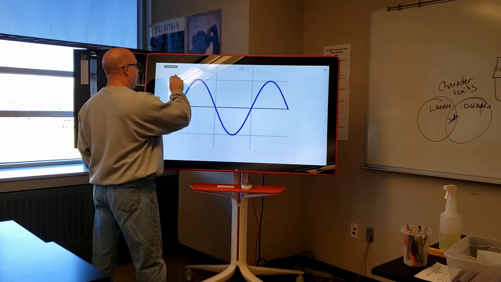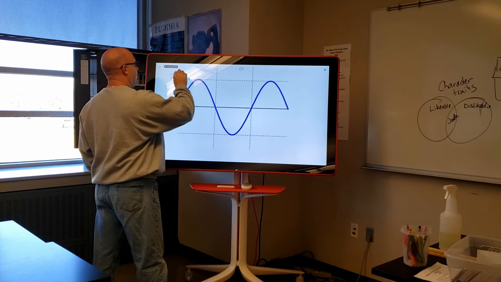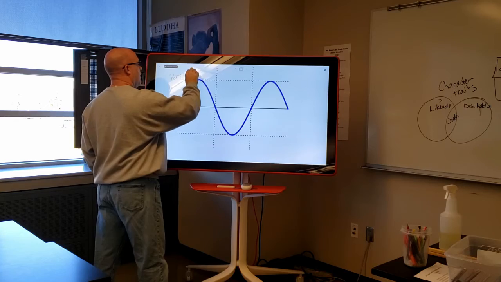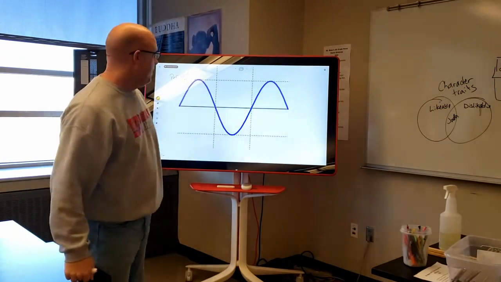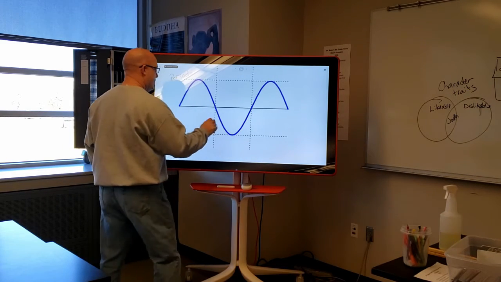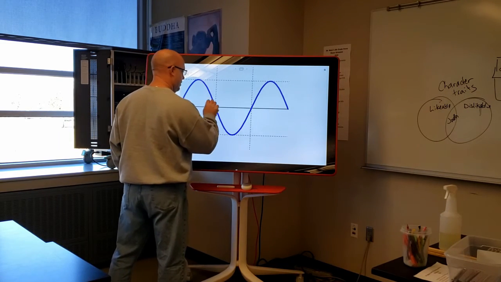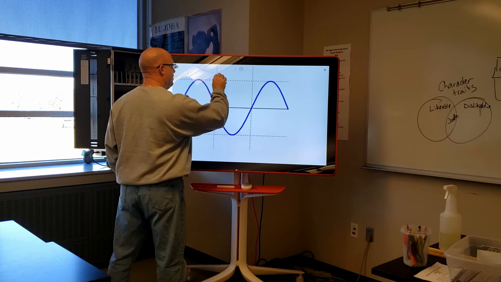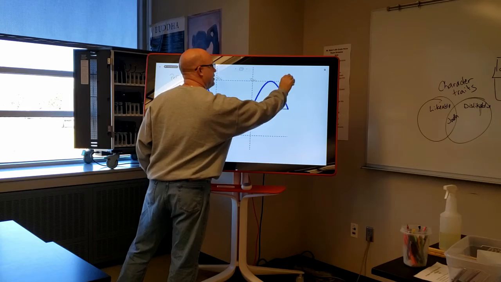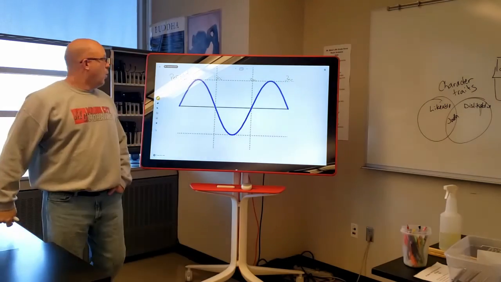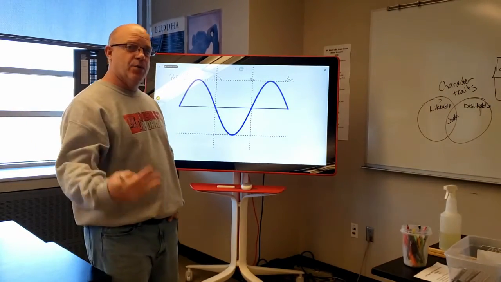The word that we're looking for is period. A period is the time it takes for one wave. For instance, let's say 1 second, 2 seconds, 3 seconds. The question is, what is the period of this wave?